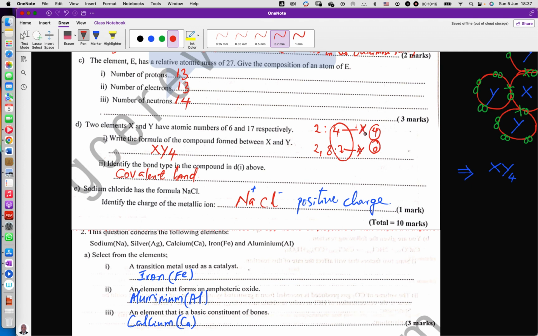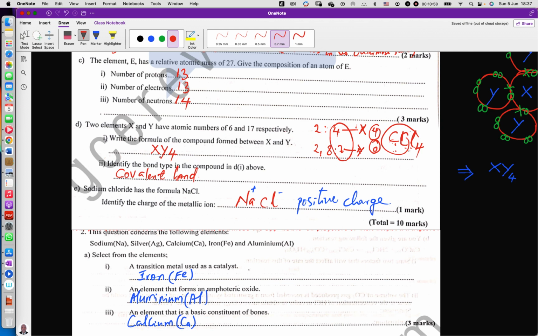We have a compound like carbon tetrachloride, tetrachloromethane, like this. We will have carbon sharing electrons with chlorine, so we will have a compound of this nature.